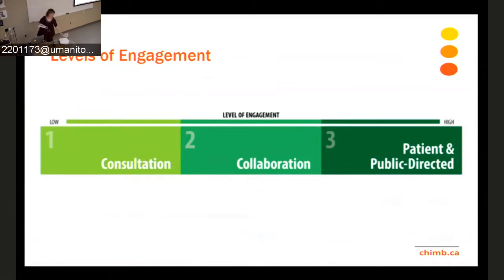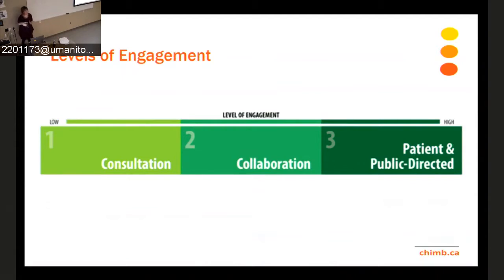Oftentimes when we talk about patient and public engagement, it exists on a spectrum. So at the lowest level of engagement, we have the consultation level. That means we are obtaining feedback and suggestions around health research decisions, but the decision-making power still is with the researcher.